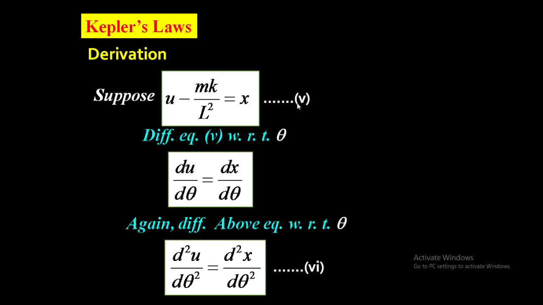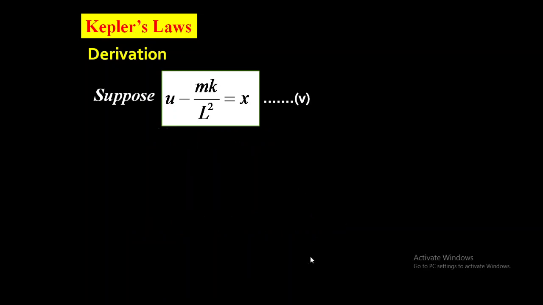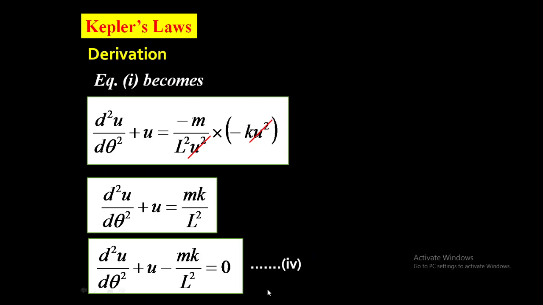And from equation number 5, u minus mk upon L square is x, and d2u by d theta square is equal to d2x upon d theta square. So from equations 5 and 6, we put these values in the differential equation 4.